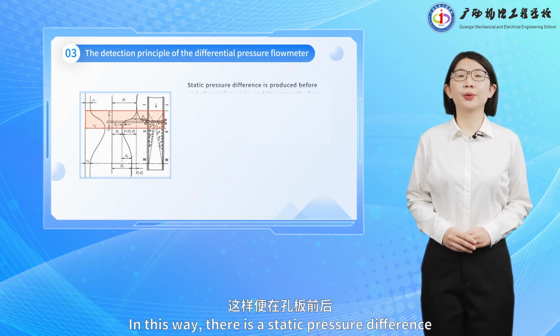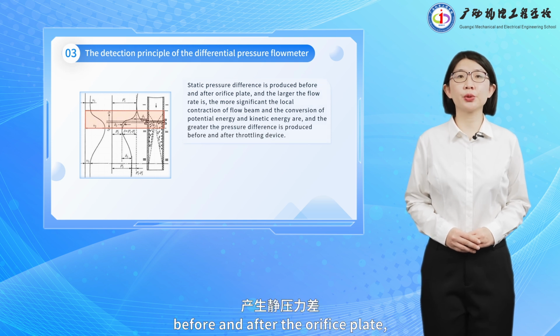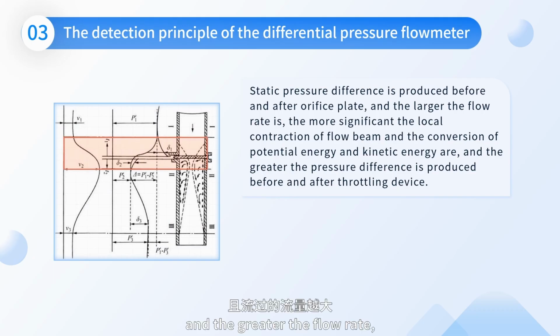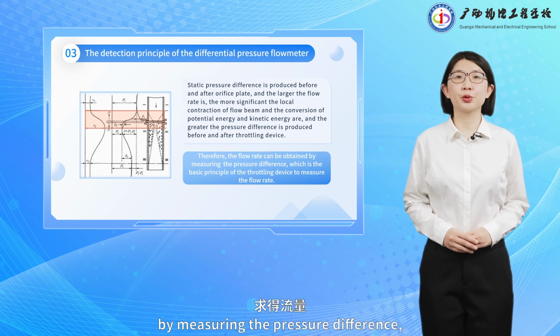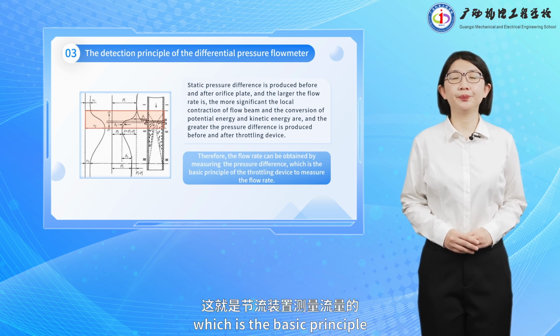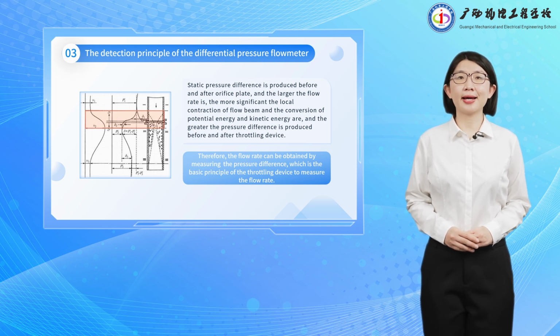In this way, there is a static pressure difference before and after the orifice plate. And the greater the flow rate, the more significant the local contraction of the flow beam and the conversion of potential energy and kinetic energy. And the greater the pressure difference before and after the throttling device. Therefore, the flow rate can be obtained by measuring the pressure difference, which is the basic principle of the throttling device to measure the flow rate.